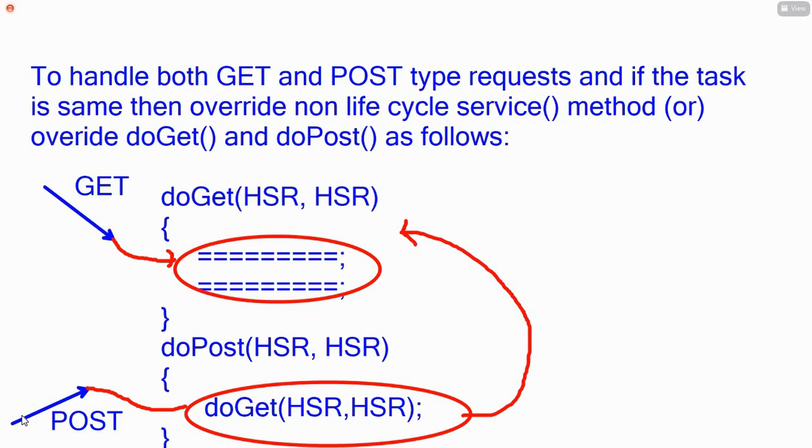What I said, I said lifecycle or non-lifecycle service method, or this one also you can use. To handle both get and post type requests, and if the task is same, then override non-lifecycle service method or override doGet and doPost as follows.